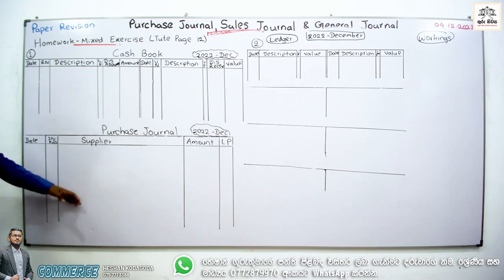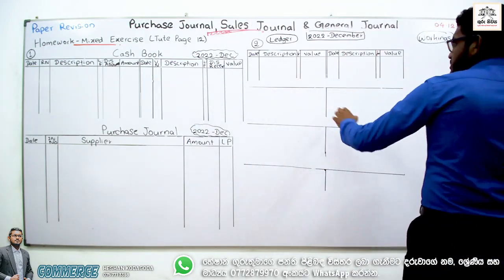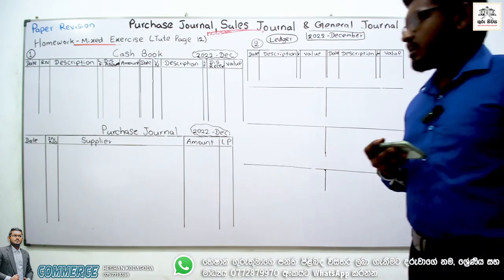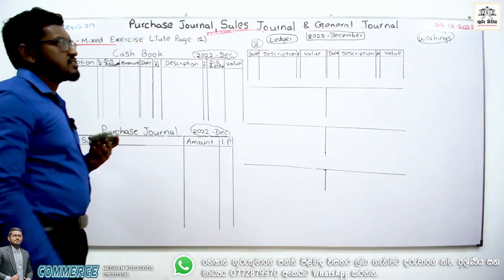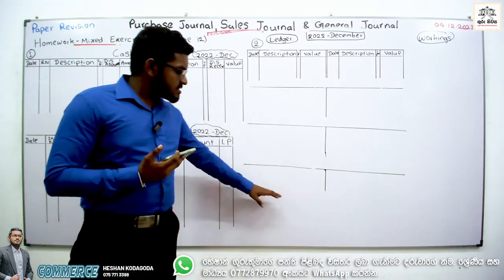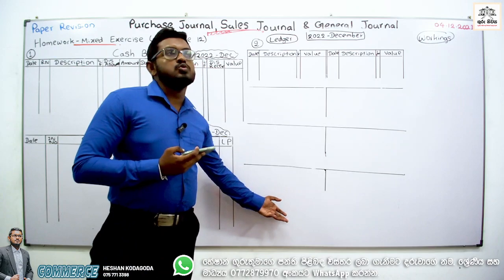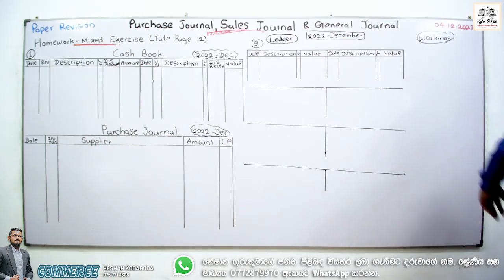Purchase journal, draw it and keep around 10, 12 lines. Then ledger accounts, just draw 5, 6 ledger accounts. For each ledger account, keep 4, 5 lines, and keep another 7, 8 lines, because we don't know whether there will be another 2 ledgers. No need to care. Then write the workings.